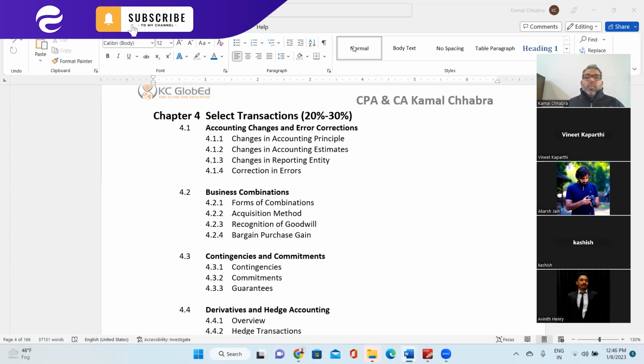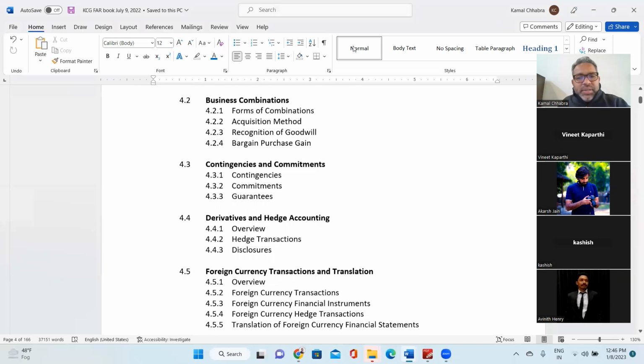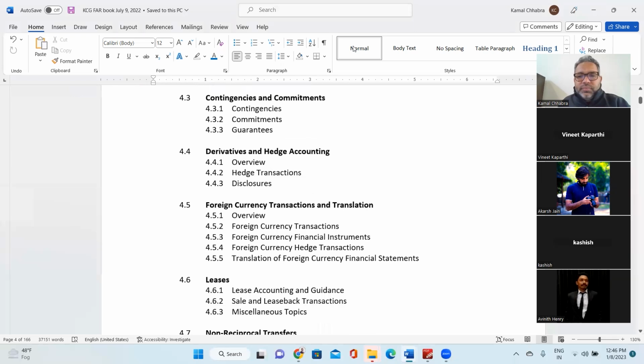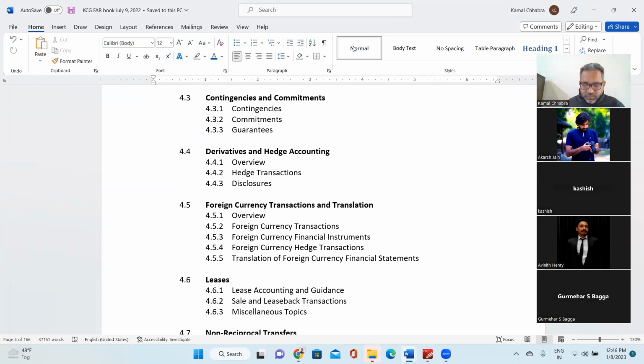4.3 is contingency and commitment. You know what is contingency? Any idea what is contingency? So it's an uncertain event which could lead to a compensation or a loss to the company, like the outcome of a lawsuit.